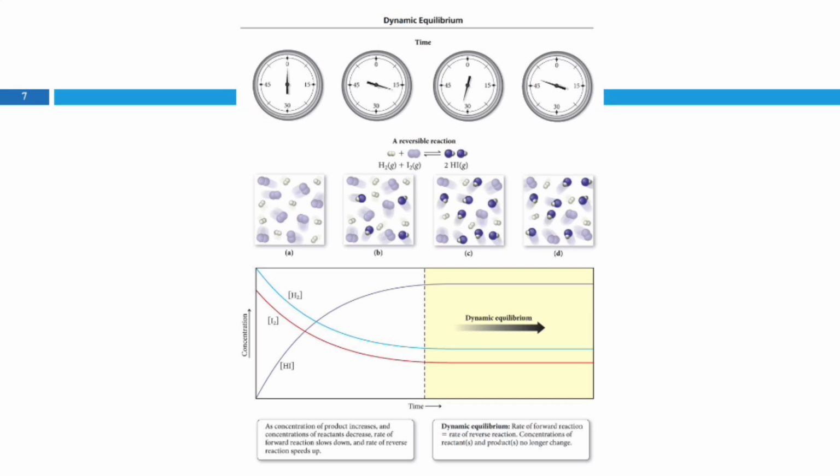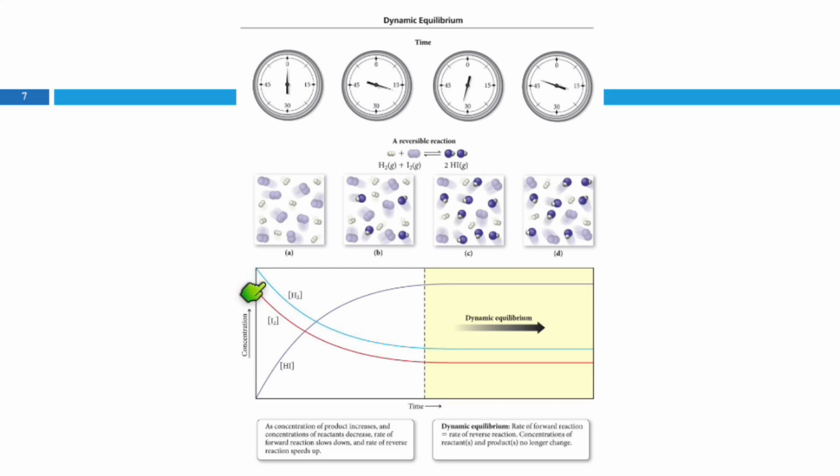So here we have an illustration of this. Here's time passing. That could be seconds or minutes. Doesn't really matter. And we're looking at this reaction between hydrogen and iodine to form HI. So in the beginning, we have 0 of the product, and we have some concentration of each of the reactants.